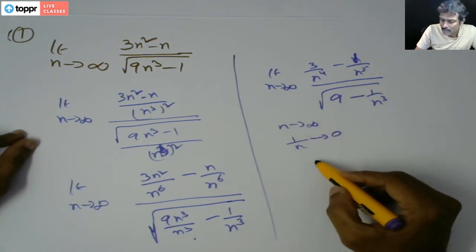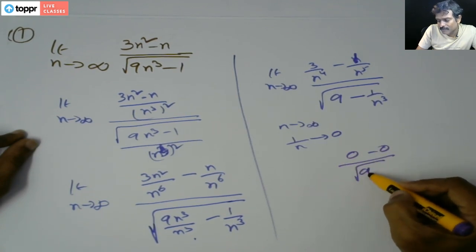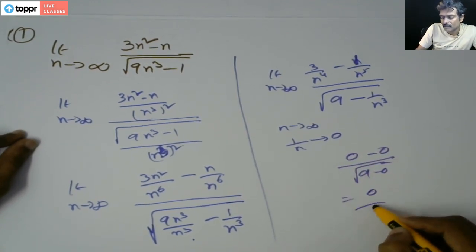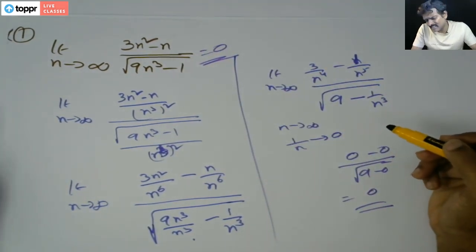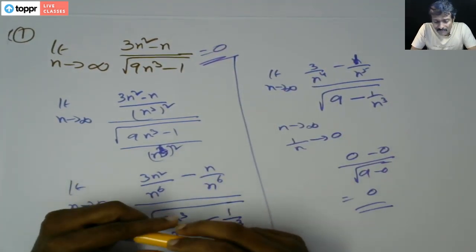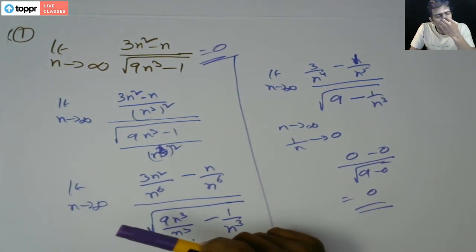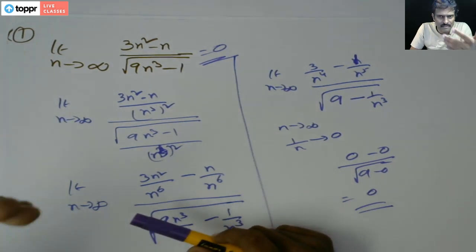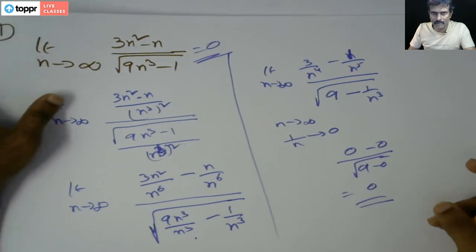So when I put this, the numerator becomes 0 minus 0 over root of 9 minus 0, which is 0. So the answer for this is simply 0. Generally you can say, when the power of the variable in the denominator is more than the numerator, then it is obviously going to be 0, right?